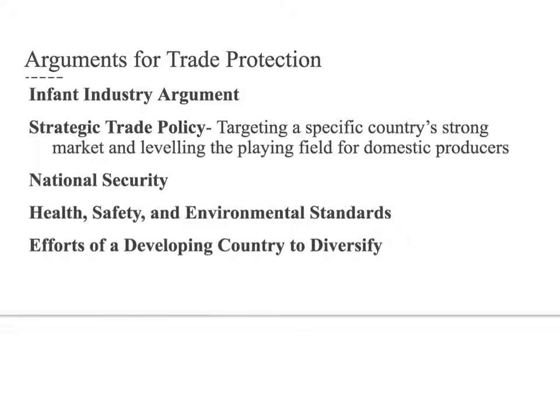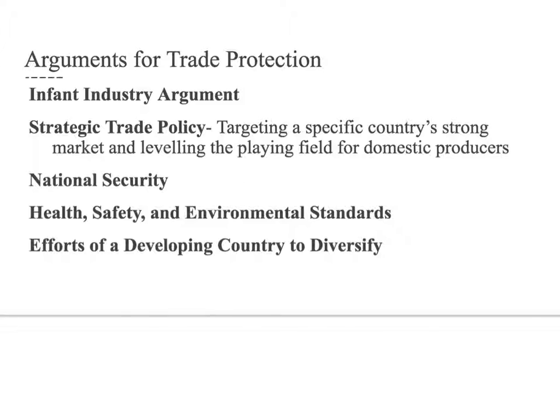And then efforts of a developing country to diversify. If we take a nation that focuses mostly on tourism, so maybe some place with nice sandy beaches, and the focus of the entire country's economy is on one industry, then the country can decide to diversify. They're going to put trade protection policies in place for other industries to promote diversification.